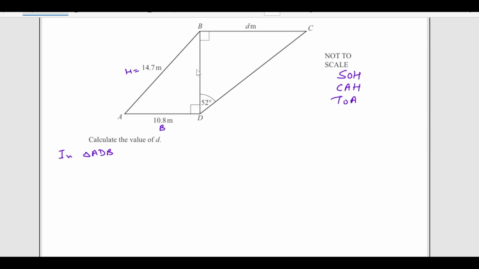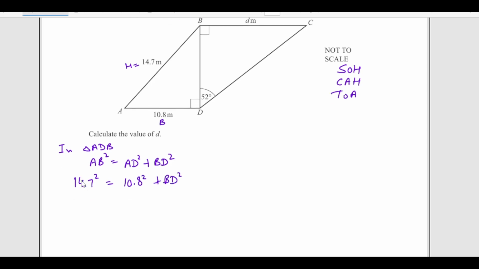Okay. So, in this triangle, the hypotenuse AB squared equals AD squared plus BD squared. AB is 14.7, AD is 10.8. From here we will be able to find out BD.